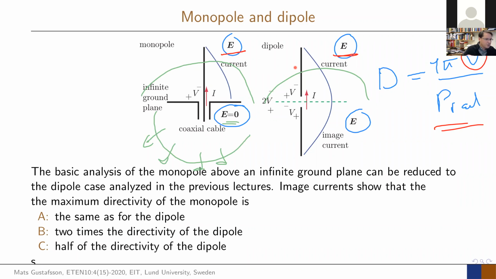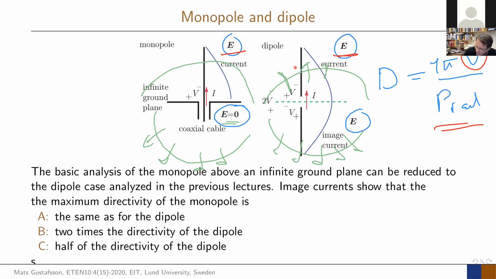So you don't get any contribution below the ground plane. But of course, if you look at the dipole, here you have a large contribution. You have a lot of power that goes out there, as much as goes out up here. Which means that the total radiated power of the monopole is actually half of the total radiated power of the dipole. Again, we say that the currents are the same on them.